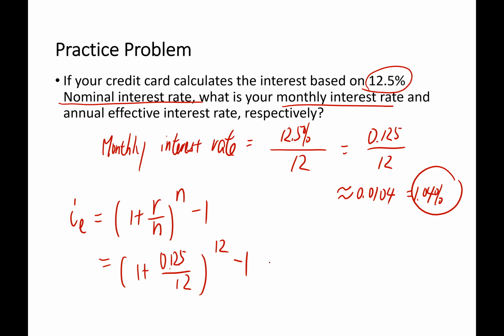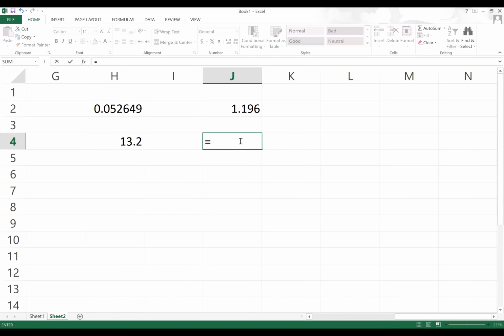Let's see what that is. You just have to plug it into Excel or the formula sheet. So 1 plus 0.125 over 12, raised to the 12th power, minus 1.